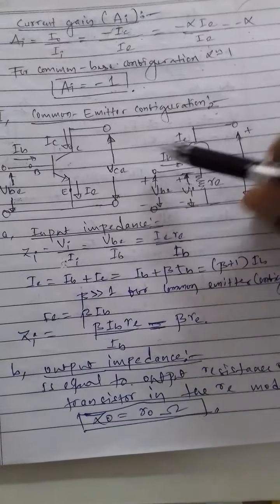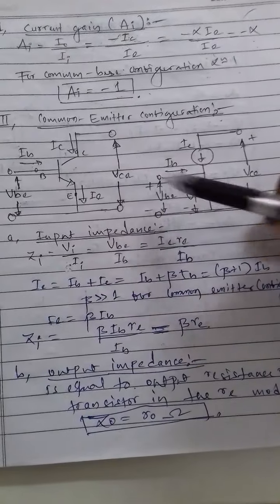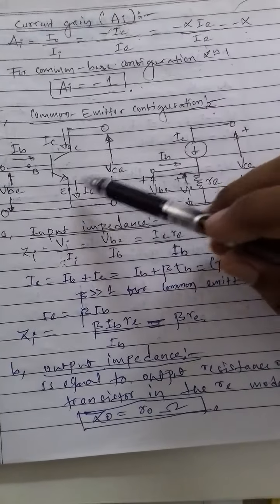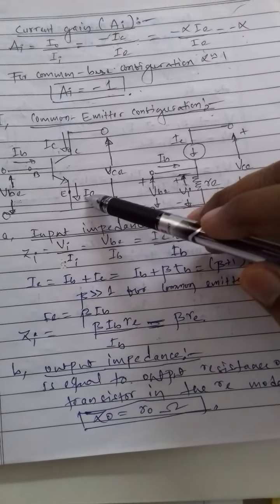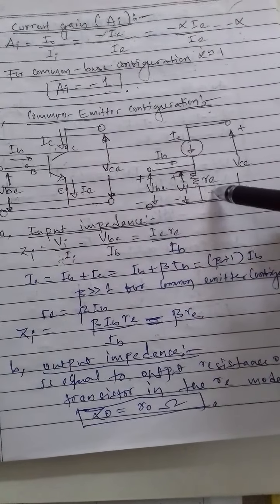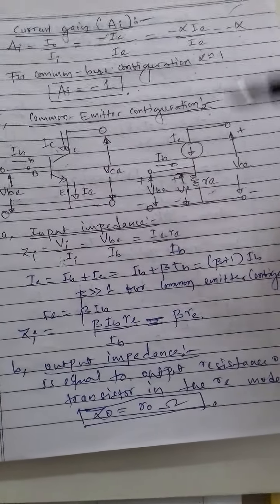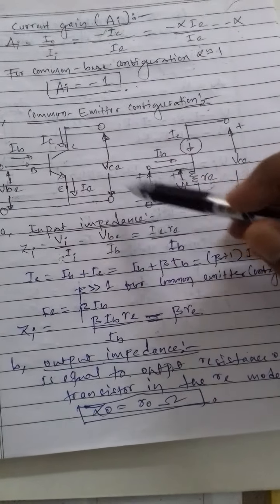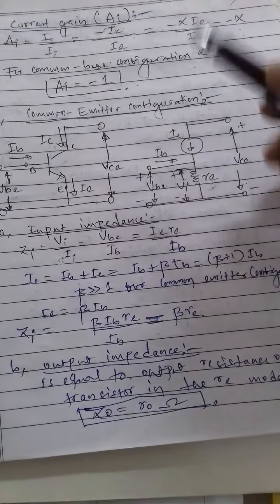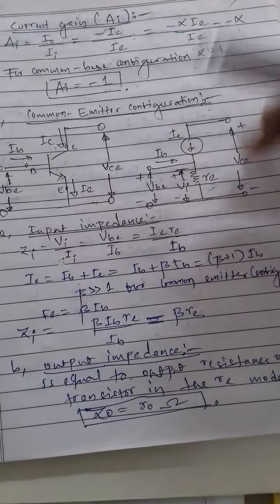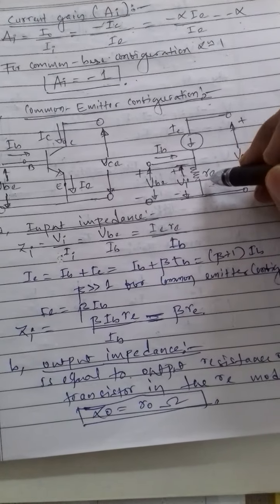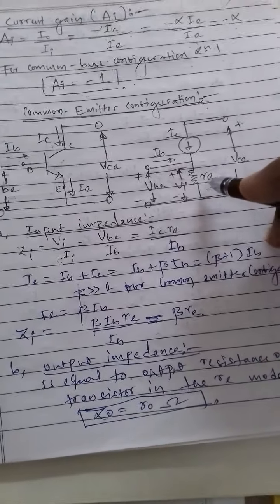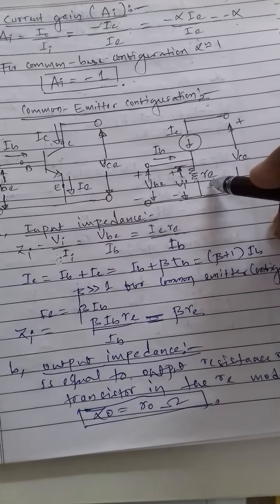Here the RE model for the transistor under common emitter configuration can be drawn in this form. This base emitter junction is forward biased, so it is replaced by a forward biased diode, and that is replaced by a resistance known as the emitter resistance.